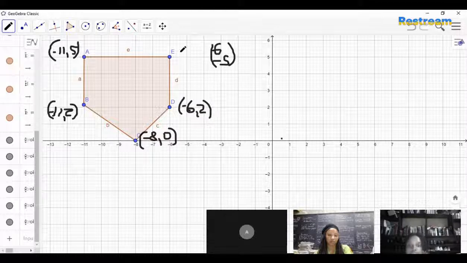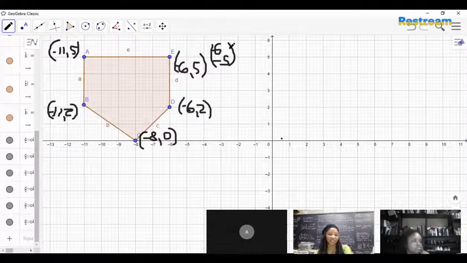And E is -6, 5. All right, so you're going to add the translation to each of these points and tell us where the new points would be.